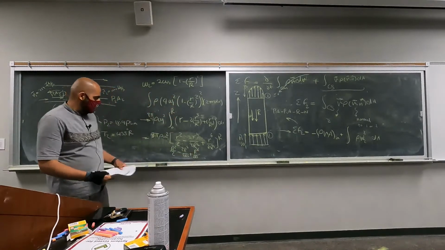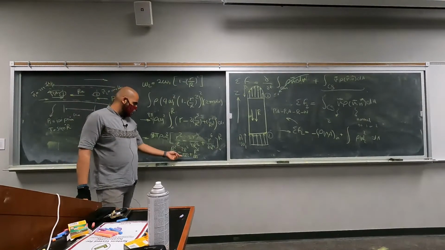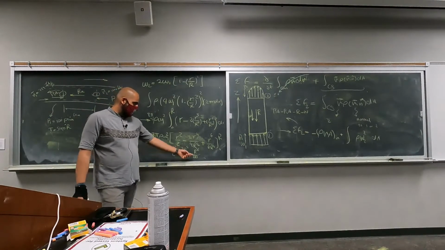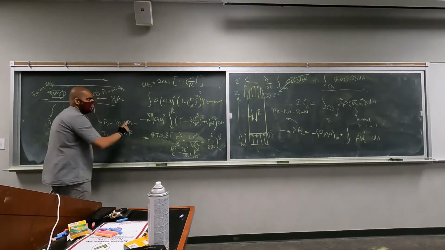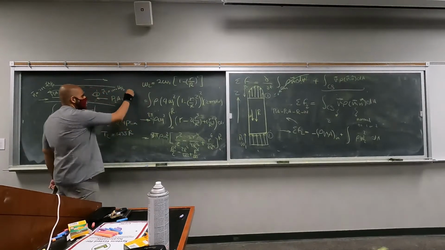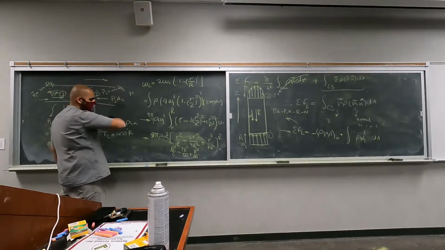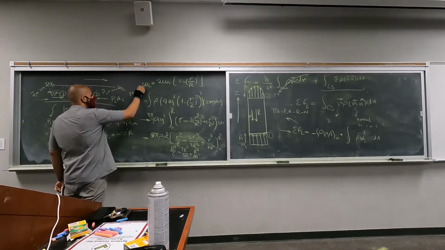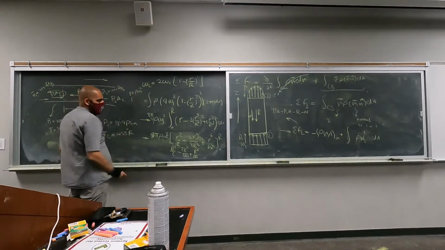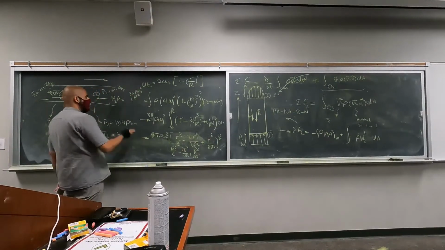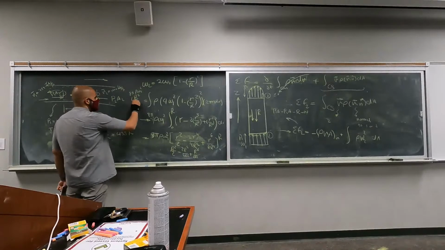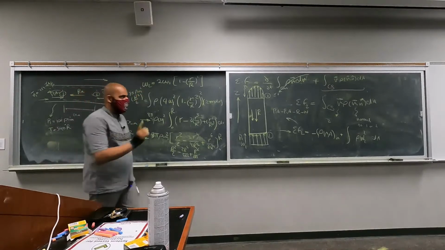So this will be R squared divided by 2, and these two will cancel out, and the solution to this integral will be 8 pi rho W1 squared multiplied by R squared, that's the radius, times pi, divided by 6. You plug that in here.